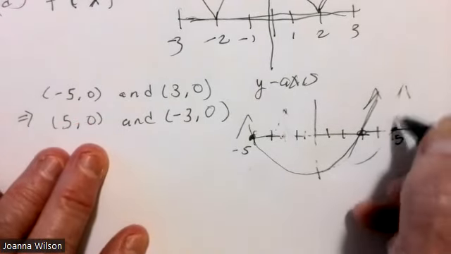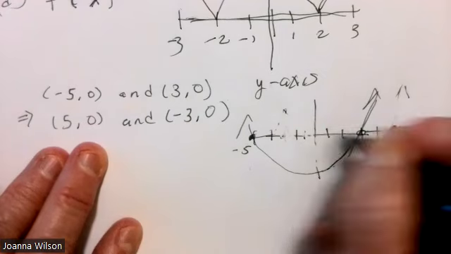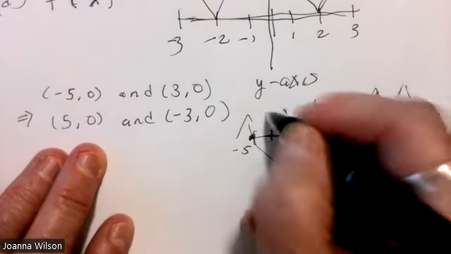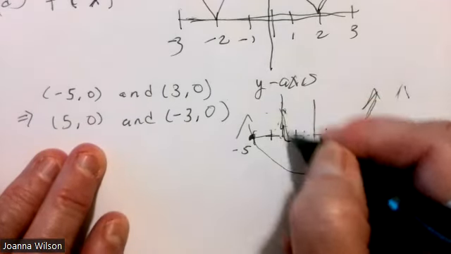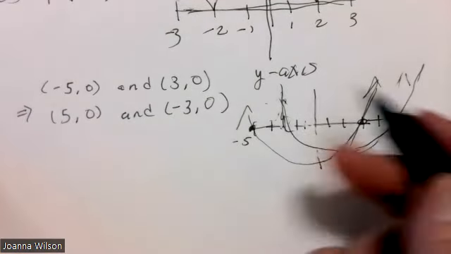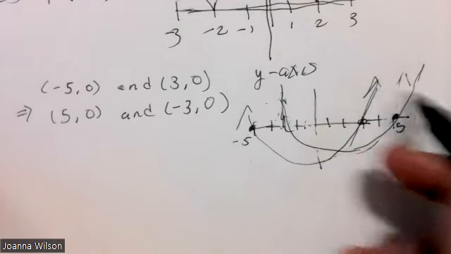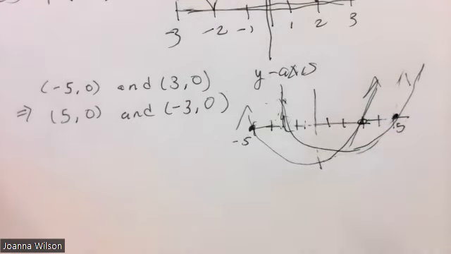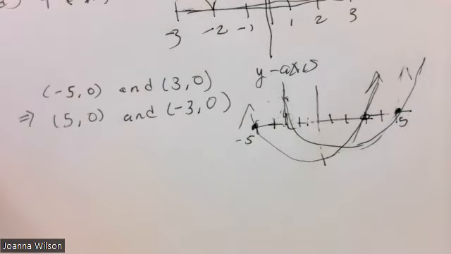And then the new graph's going to have (5, 0) and (-3, 0). So maybe I did have that right. I'm not sure. So it's going to look like that. So that flipped over, or this flipped over, will look like that. I don't draw real well, but anyways, that's kind of the way it would work.